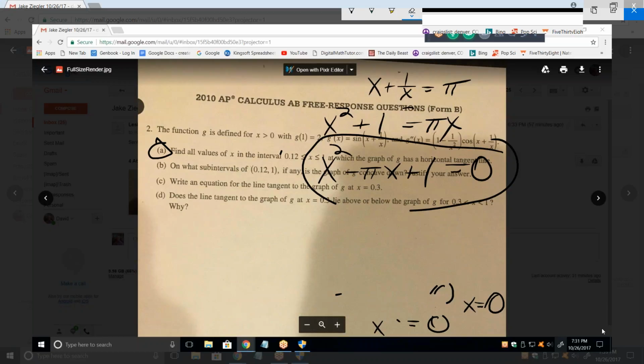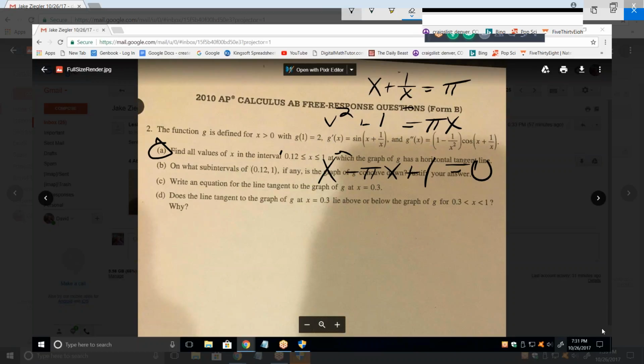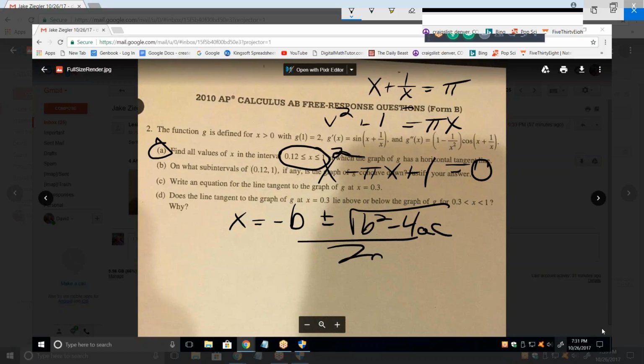Hold on a second. We can still solve this. So we just have to solve this equation, and the answer is going to be in that interval. Well, at least one of them will. x equals minus b plus or minus the square root of b squared minus 4ac all over 2a.